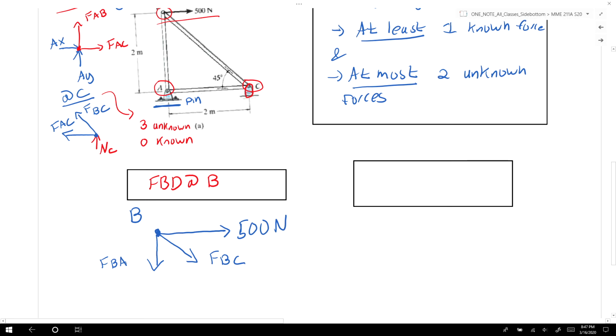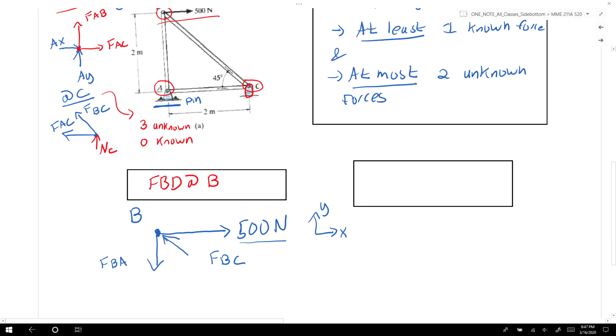Now I'm going to redraw the direction of FBC because I know that there is a 500 Newton force going along the positive x-axis, and in order for this to be in equilibrium, the sum of all the forces in the x direction has to be equal to 0.